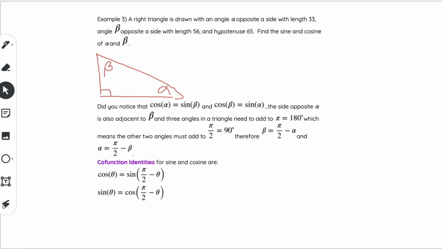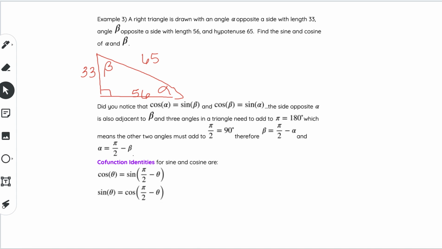It says that alpha is opposite the side with length 33. So alpha is opposite of side 33. And it says beta is opposite of side length 56. And that the hypotenuse is 65. So now we've found both of our side lengths and our hypotenuse.